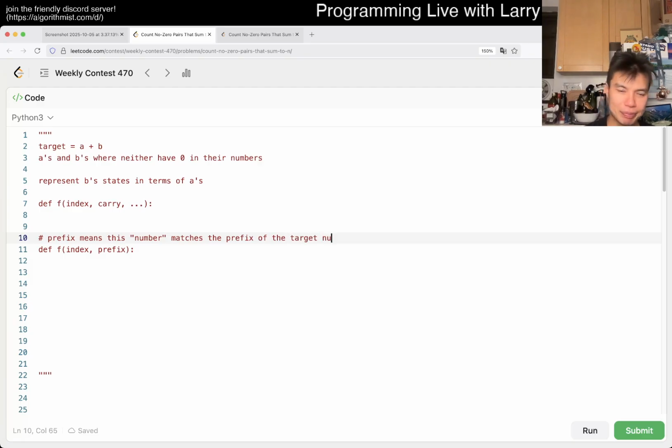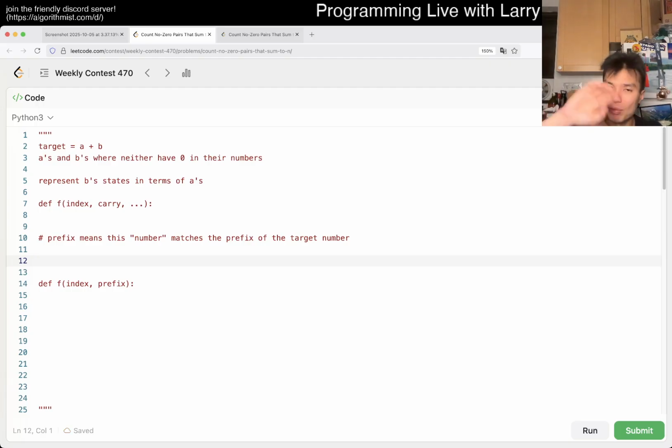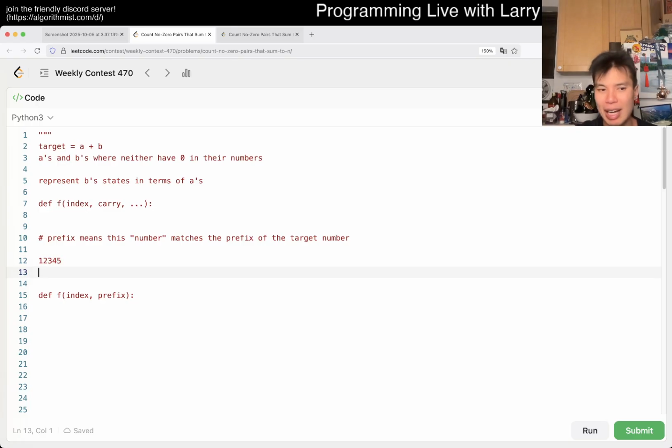And the idea behind that, in general digit DP, I'm going really fast because this is basic digit DP, is that let's say you have 1, 2, 3, 4, 5 as your target number, and you're only doing one number at a time. Then if you have 1, 2, this number X cannot be 4, for example, because that means that whatever the rest of the things are, this number is already going over the number, right?